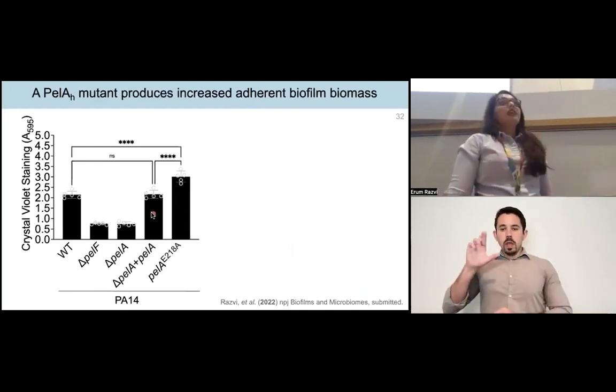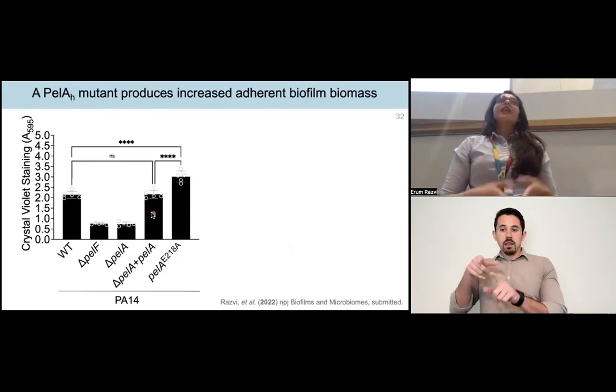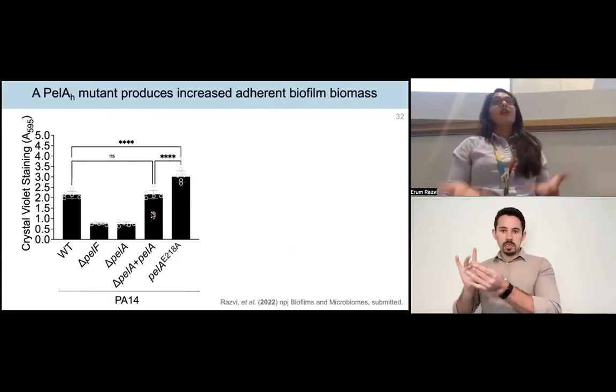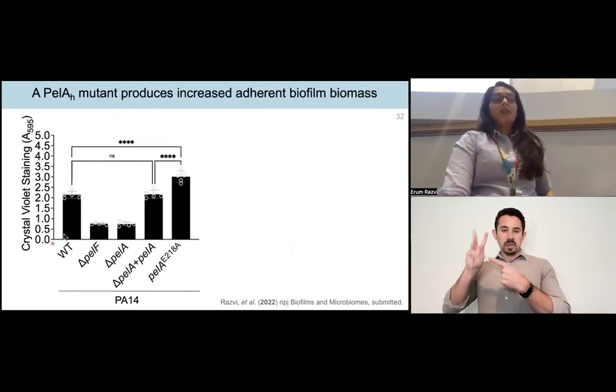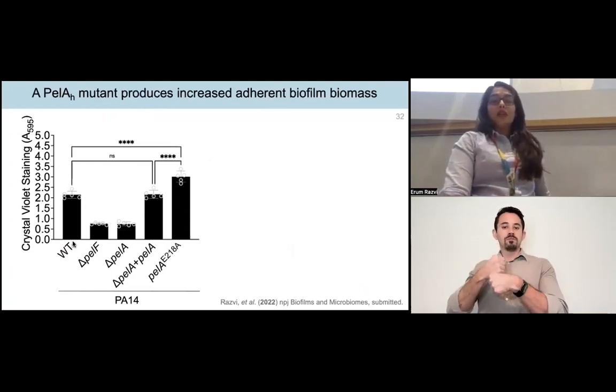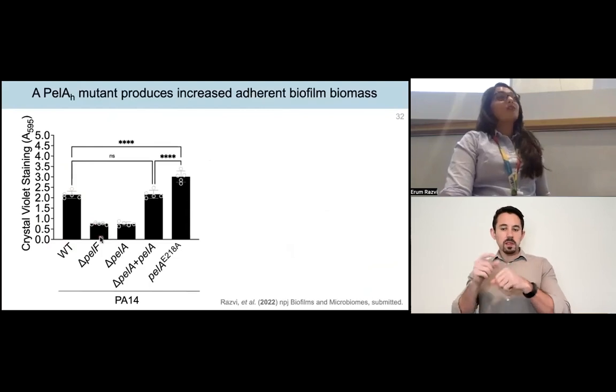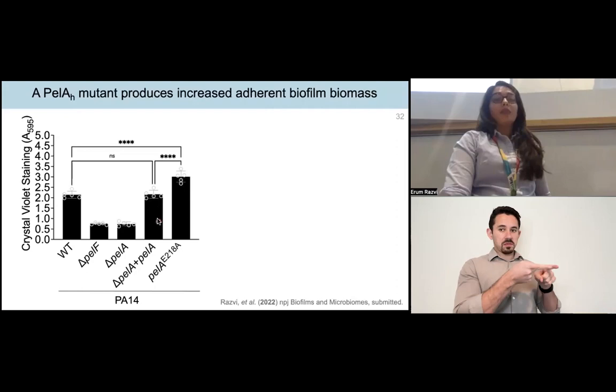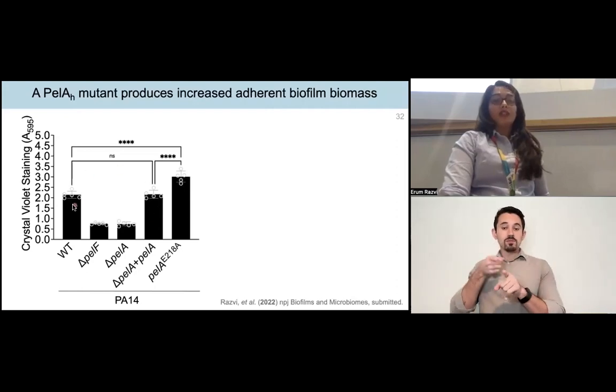To begin investigating the role of the PelA hydrolase, I performed a crystal violet assay, which quantifies biofilm formation via adherence. Wild-type PA14 formed a robust biofilm in contrast to our delta pelF and delta pelA negative control strains. A complementation strain rescued biofilm formation.